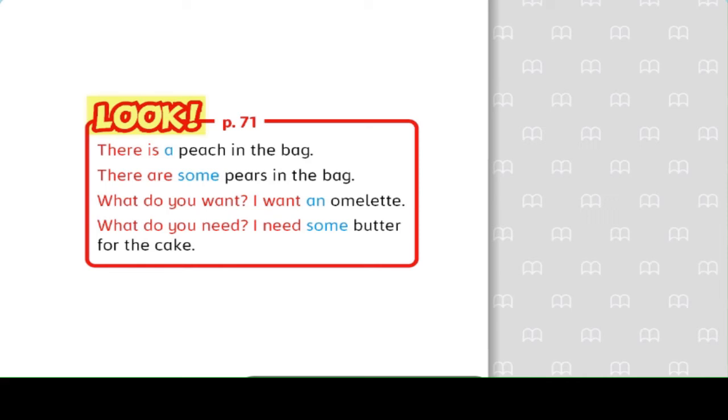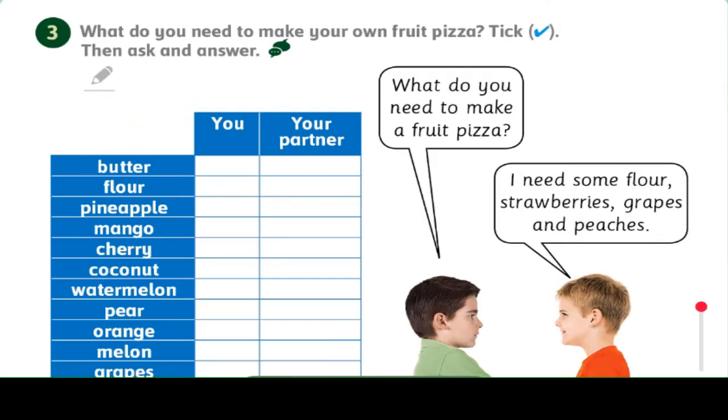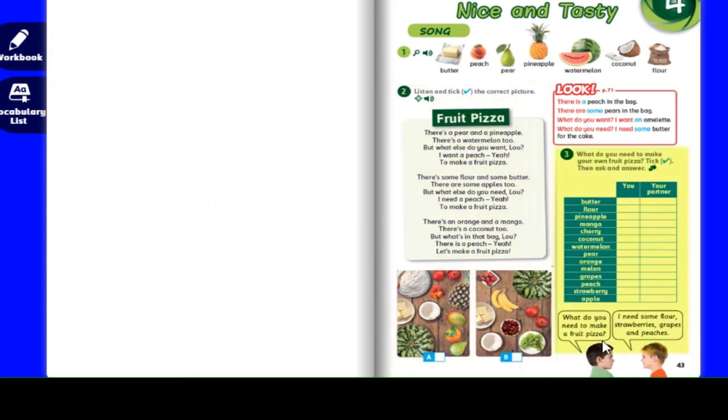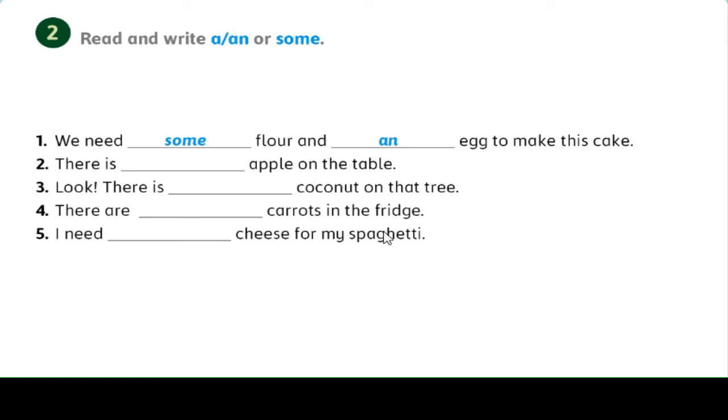Okay, let's look at some exercises. When we do exercises, we can easily know the differences between them. Look at this: read and write a, an, or some.